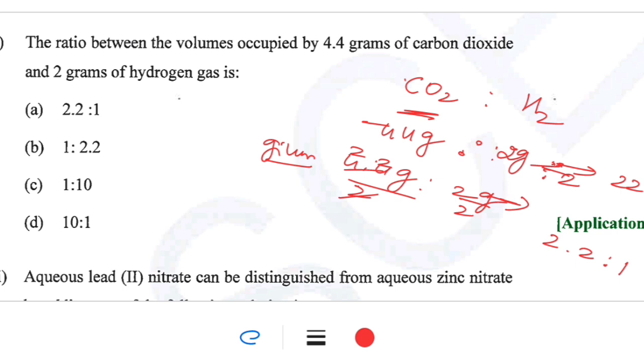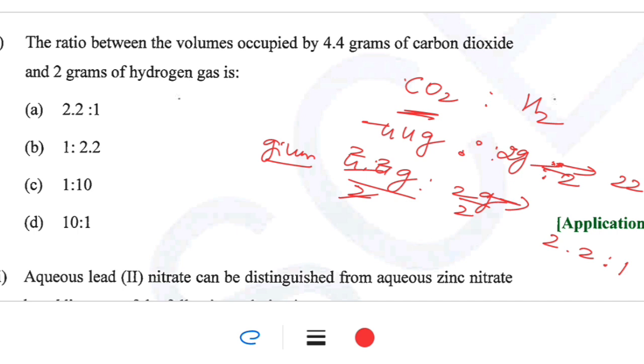So again, how can I change this? They are asking us the ratio in their volumes. So what is the best way to change this? We are going to convert this into moles.